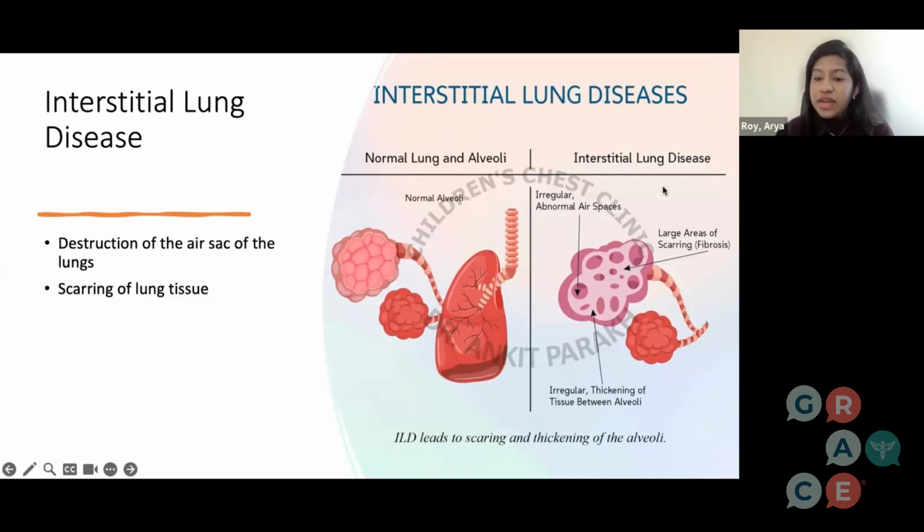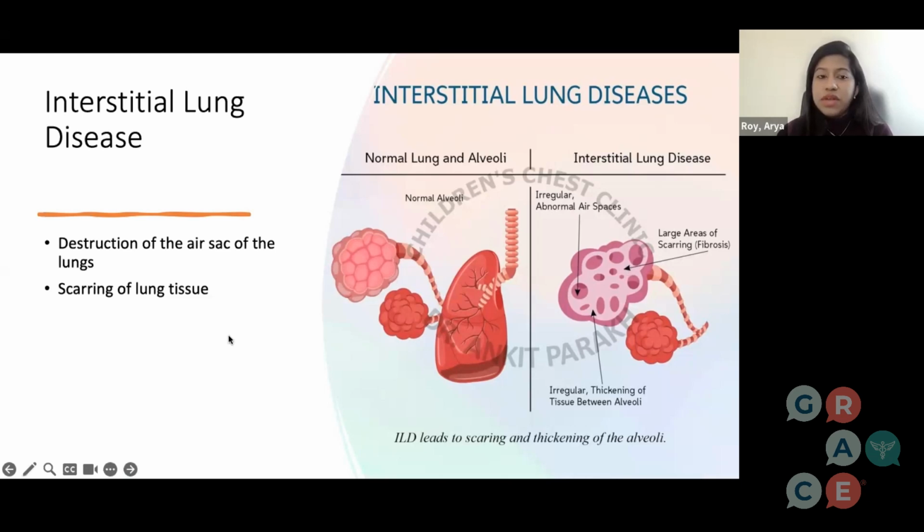In interstitial lung disease, these air sacs become irregular and abnormal, and there will be a lot of scarring or fibrosis that can happen in the alveoli, which leads to decreased exchange of oxygen from the blood vessels to the normal lung cells, which leads to decreased oxygen in your body.